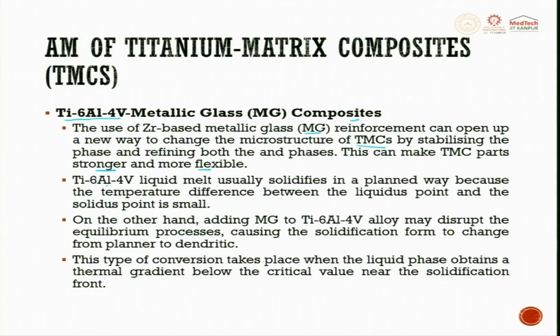The Ti6Al4V liquid melt usually solidifies in a planar way because the temperature difference between the liquidus point and the solidus point is very small. On the other hand, adding Mg metallic glass to Ti6Al4V alloy may disrupt the equilibrium process, causing the solidification form to change from planar to dendritic structure.